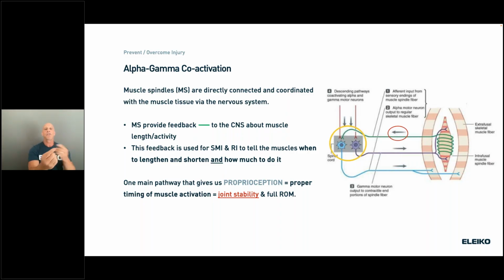If we have proper proprioception input coming into the system so it can go out clearly, we have good muscle activation, good timing. It means things are turning on when they're supposed to and turning off when they're supposed to. That creates a stable joint, and that allows for full range of motion. So range of motion is dictated by the proprioception.